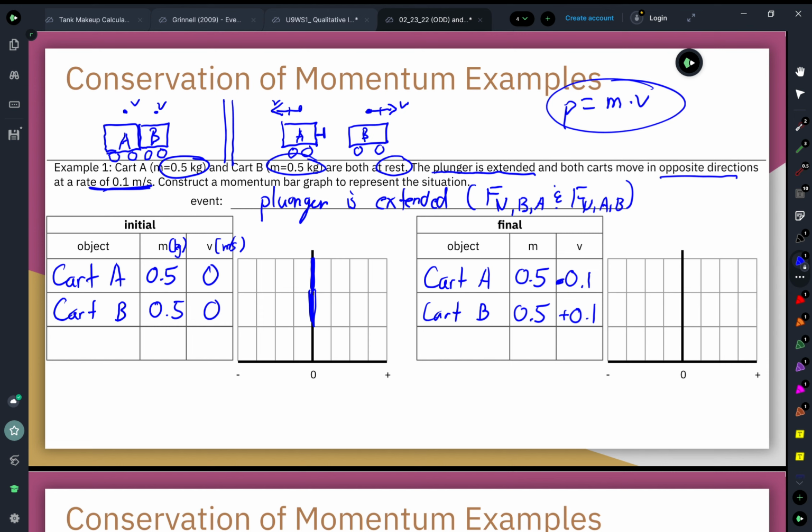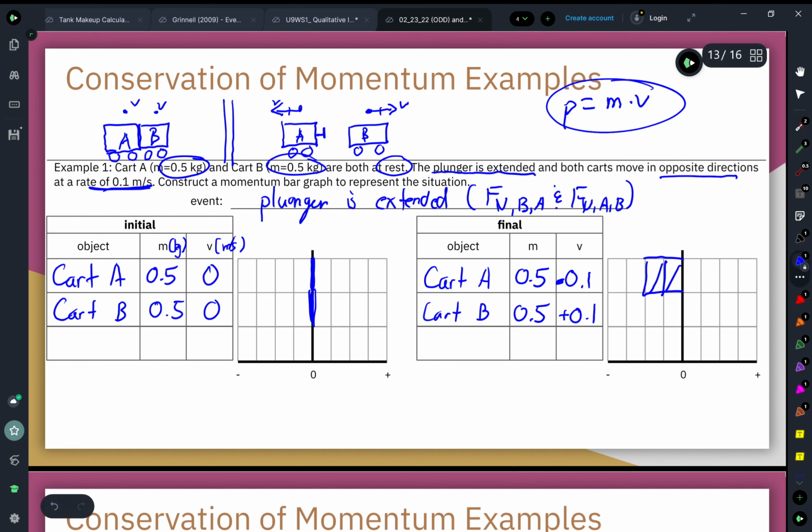Now, for our final situation, cart A still has its mass, and it is now traveling in the negative direction, so negative 0.1 meters per second. So it is going to have a momentum. So I'm going to represent that, let's say, with 2 bars. There are 2 bars going in the negative direction that we have here. So because this thing is traveling in our negative direction, that's why we have negative momentum.